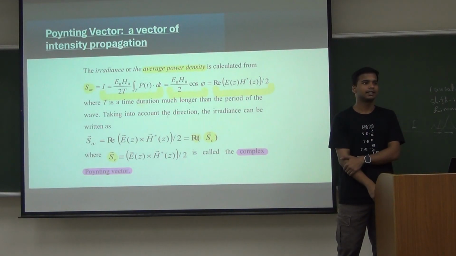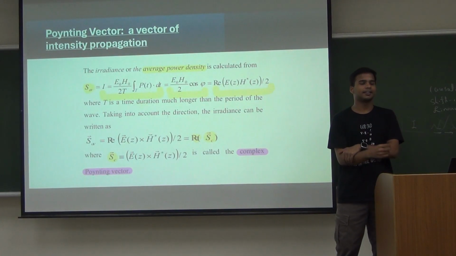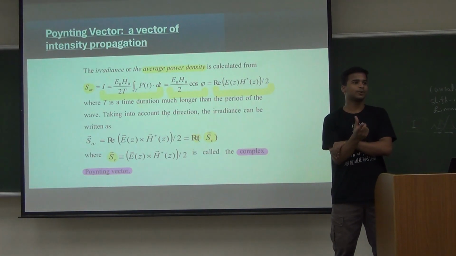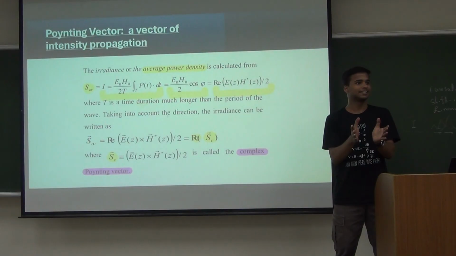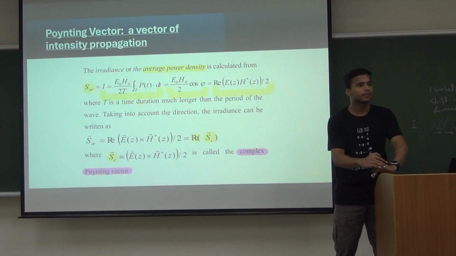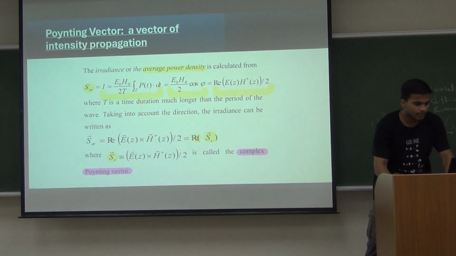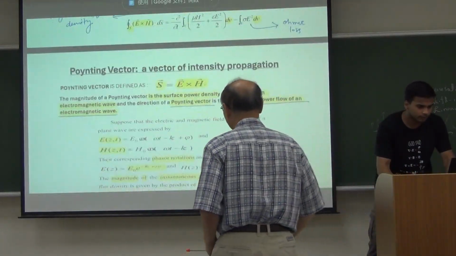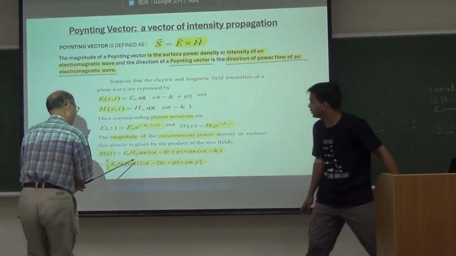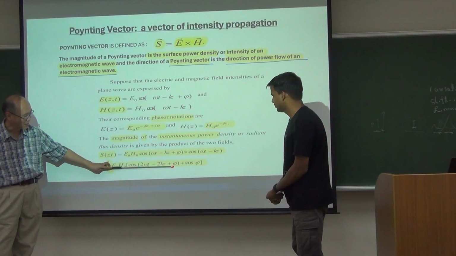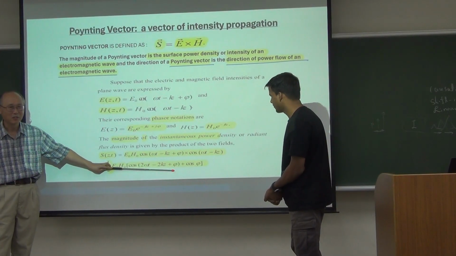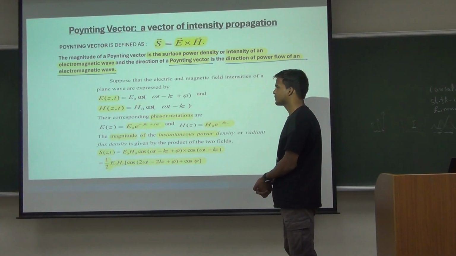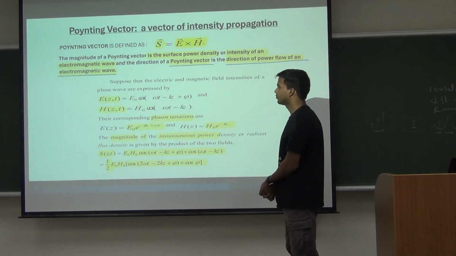Yes. Why? Because that's how average works. But if you go back to the last page, the reason is that this is a periodic function. So you can do any period average to get the same result.